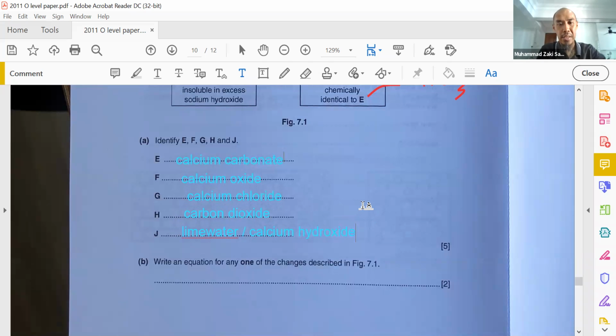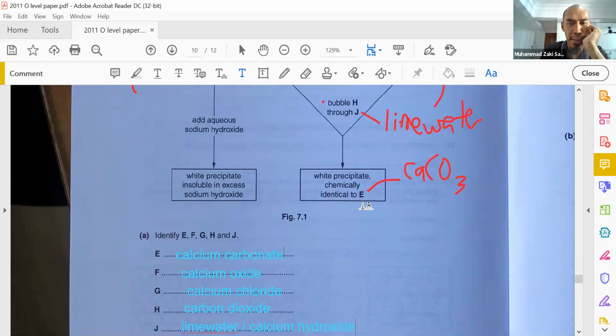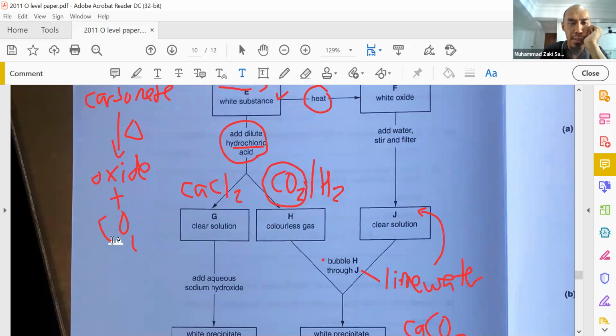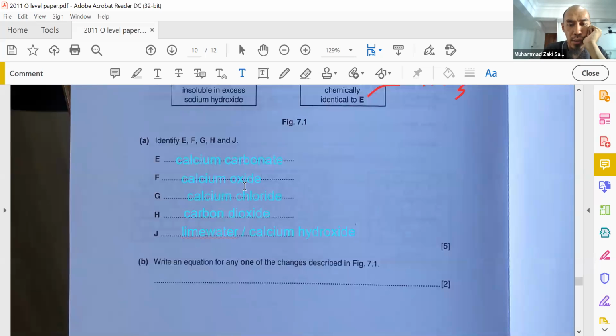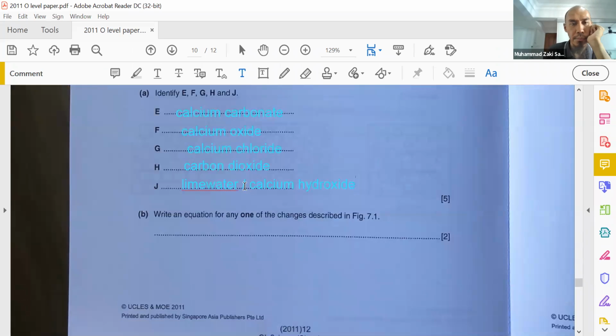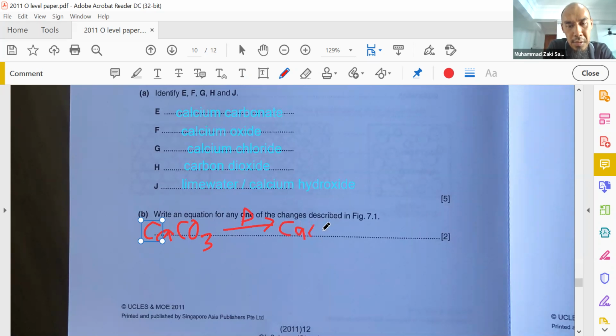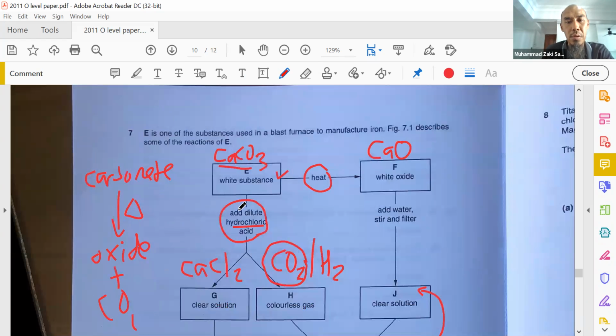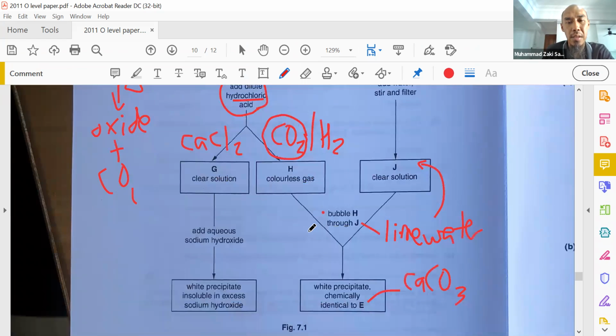Okay, now let's write down the equation. The best equation you can write down is actually the carbonate, easier. So one of them is calcium carbonate. When you heat it, it gives you calcium oxide plus carbon dioxide. Or you can do this one also, calcium carbonate and calcium chloride.